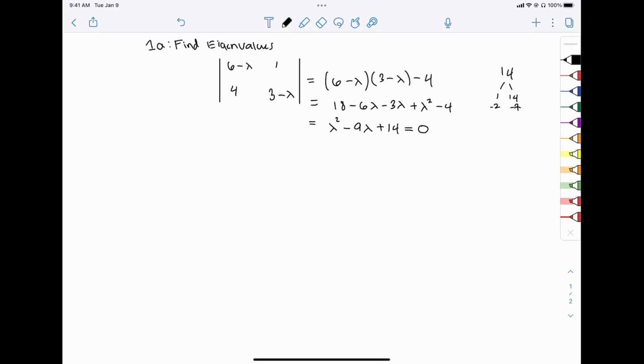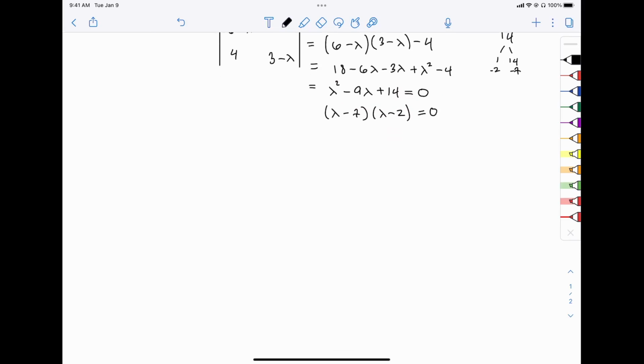So we get lambda minus 7 multiplied by lambda minus 2. If you FOIL that out to check your work, you will find it equals the exact same thing as this, still equal to 0. So we get that lambda 1 equals 7, and lambda 2 equals 2.